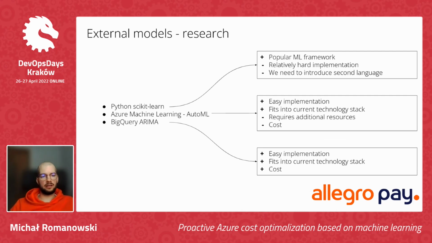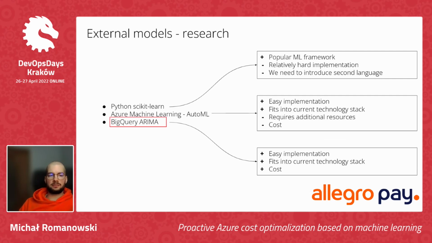It is easy to implement. It fits into our current technology stack because we chose Google BigQuery for our storage and Data Studio as a dashboarding solution. And after some tests, it came out that the cost of that solution is the lowest of those 3 presented.